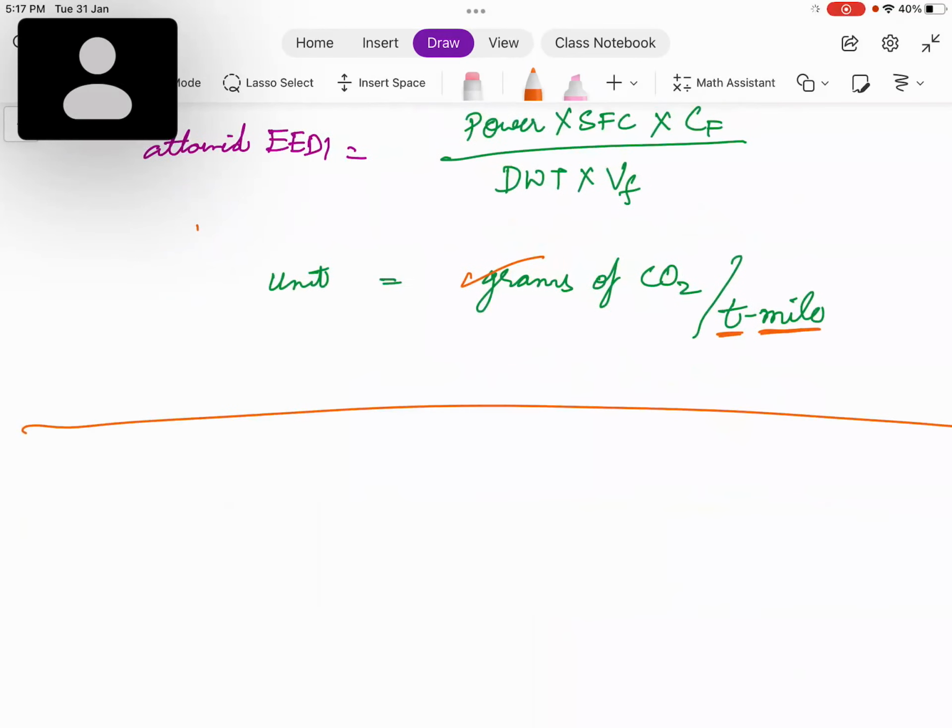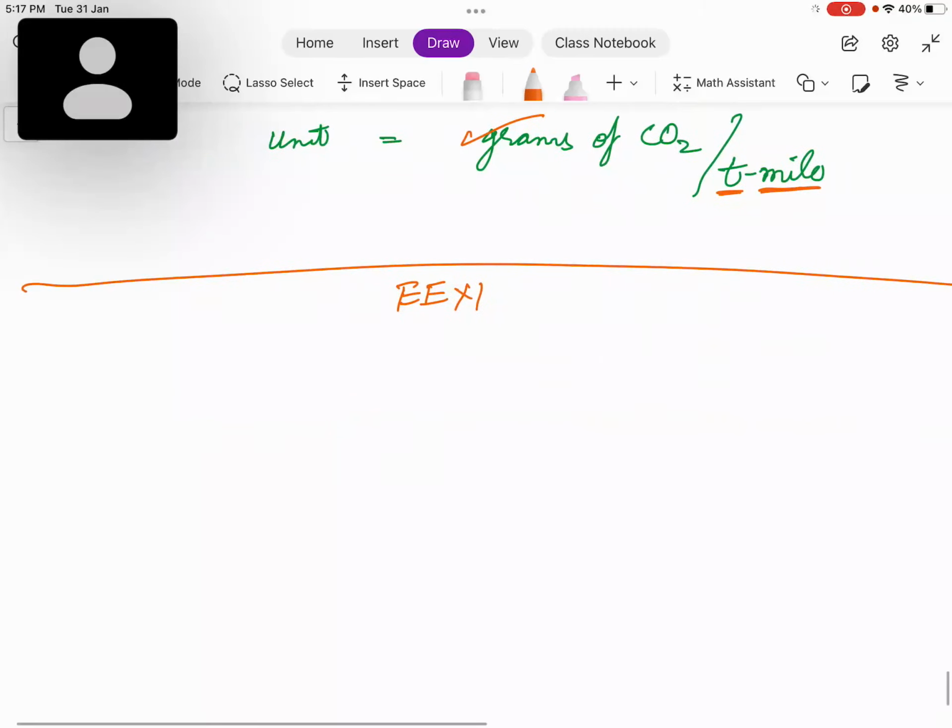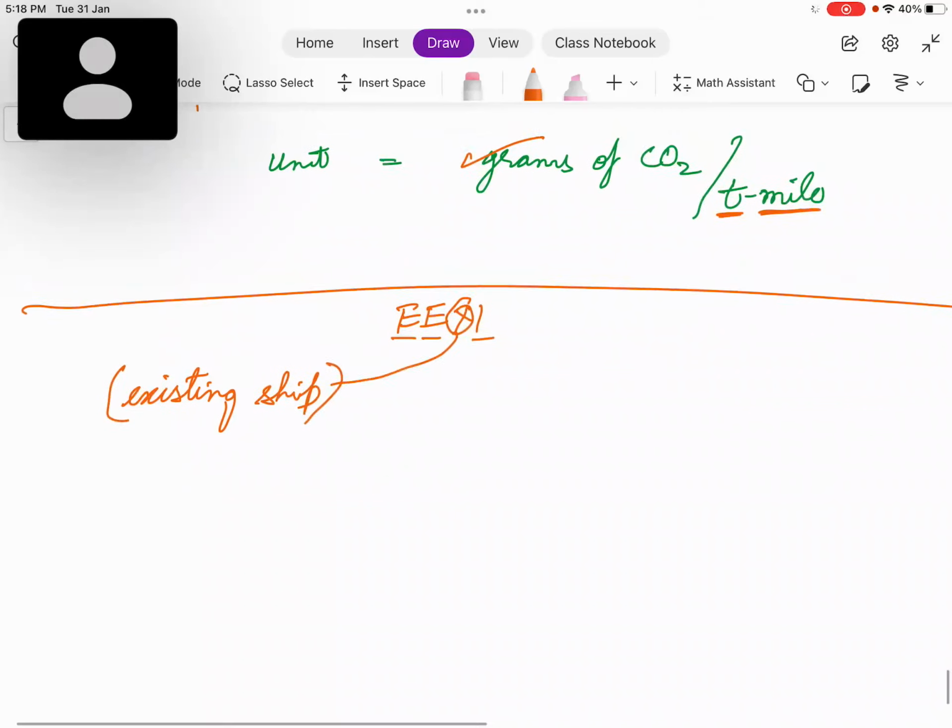Now we'll move on to EEXI. First of all, what is the definition of EEXI, friends? Existing ship, right? It is the same Energy Efficiency, but X has to be replaced with existing ship. Same index.